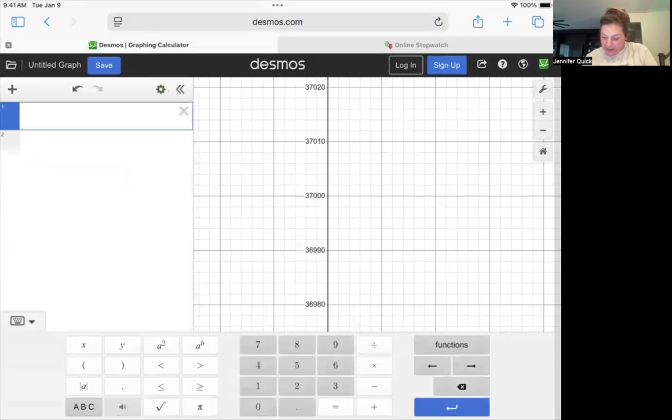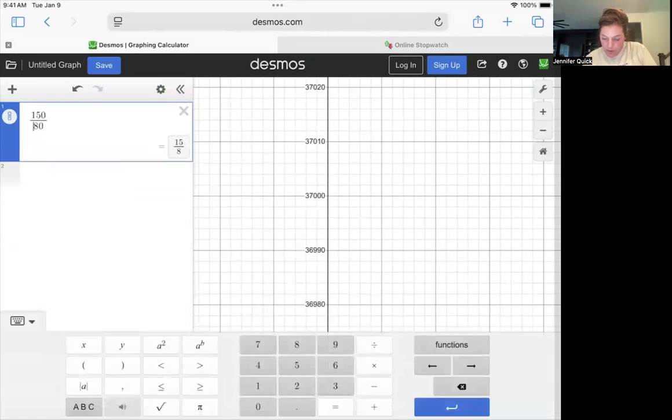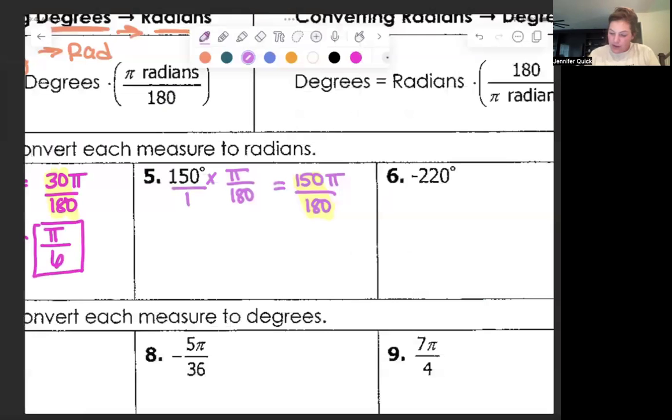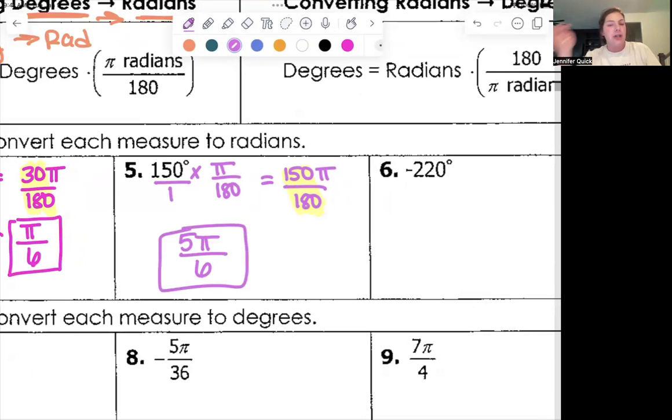So 150 over 180 and give it to me as a fraction. Oh, cool. 5/6. So 5 pi over 6 would be the radian measure of 150.